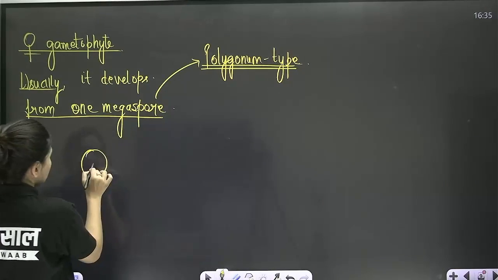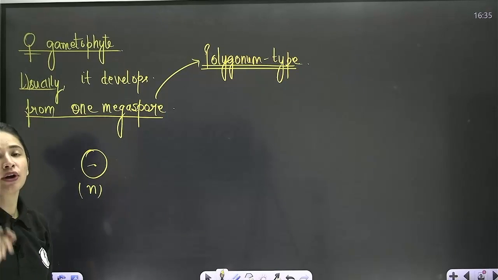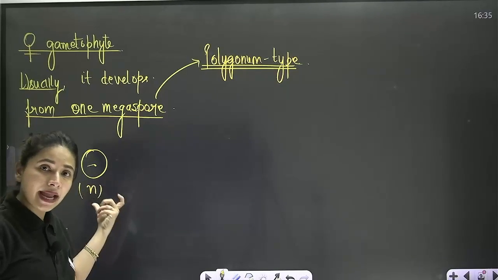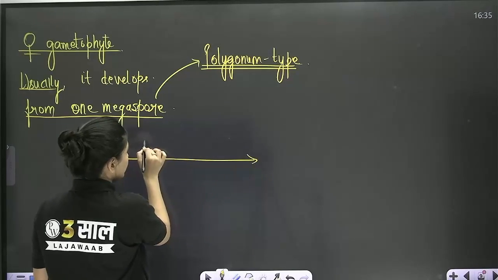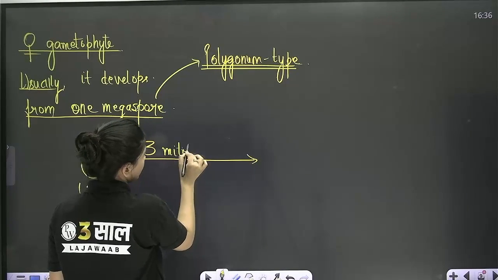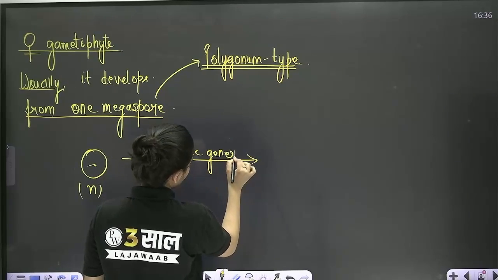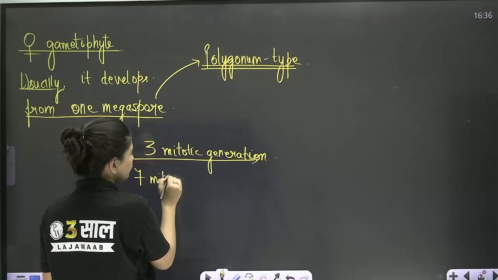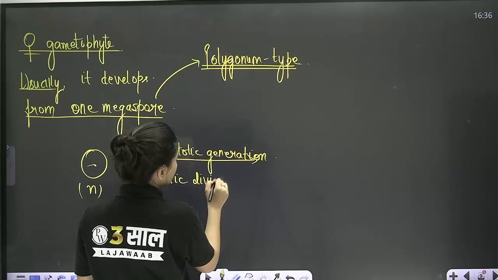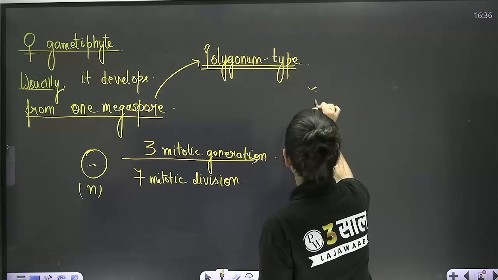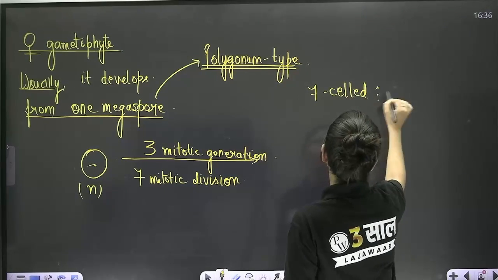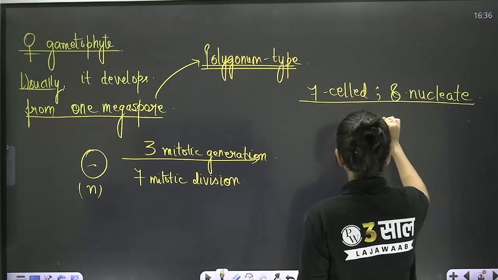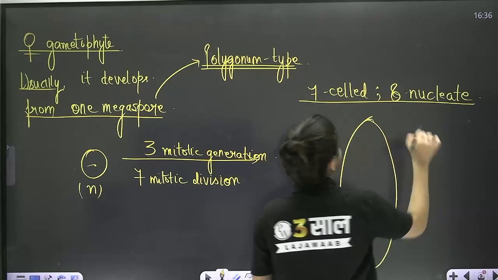Now beta, how is this going to happen? So I have one megaspore. If you remember the main class, I told you beta that this functional megaspore undergoes 3 rounds of mitotic division to give rise to a 7-celled, 8-nucleate embryo sac.